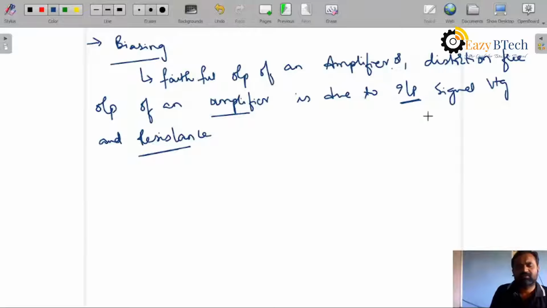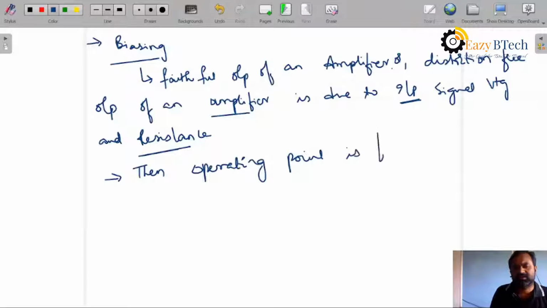If this input voltage is sufficient and resistance is sufficient, then the operating point is at a fixed point. The operating point is fixed.